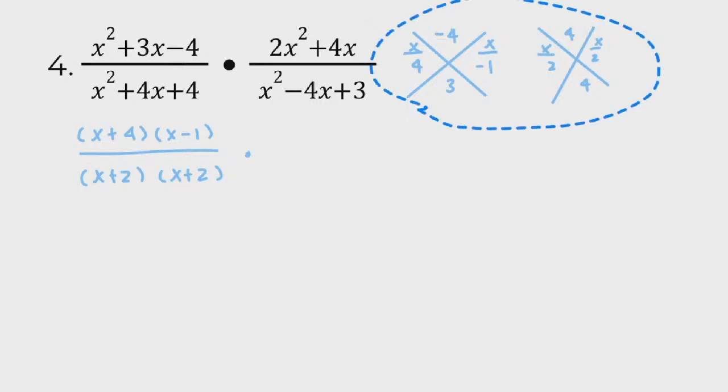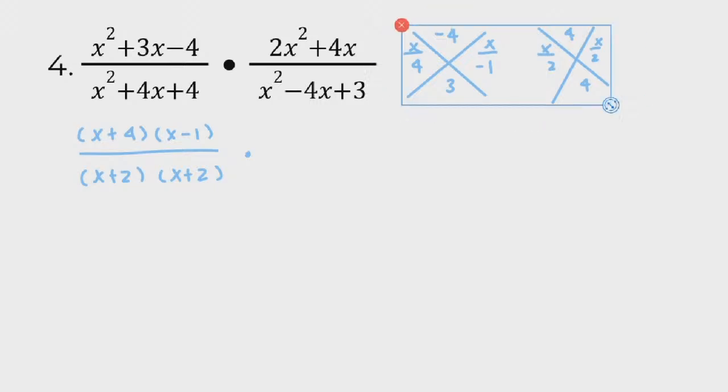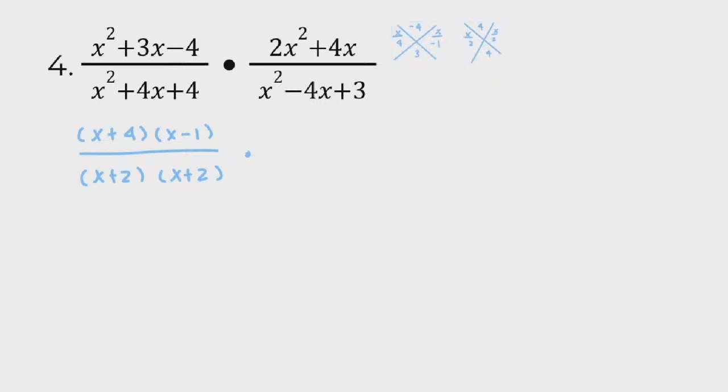Okay, hold on, let me make this a little smaller so I have space. Then for 2x squared plus 4x, we don't need the x method. We can factor out the GCF, which is going to be 2x. And then for the denominator, that would be a 3 on the top, negative 4 on the bottom, so that's negative 3 and negative 1 with an x on top.